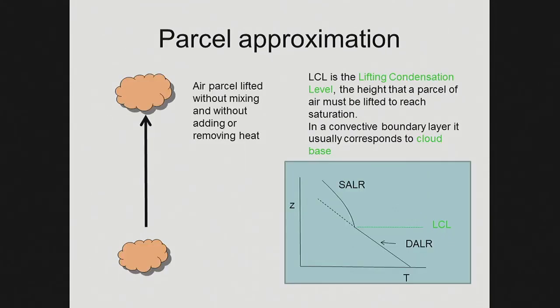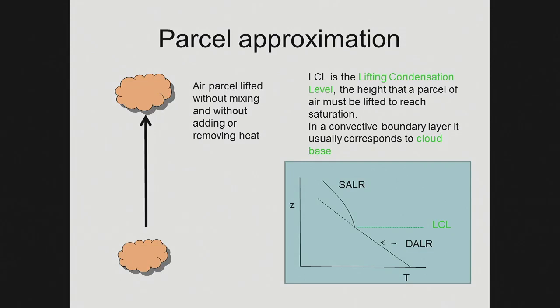But the other use of a tephigram, it would not be easy to write a computer program to do, because we have to take into account the whole profile. And that's looking at this idea of the stability to convection of the profile. Remember, we've looked in a previous lecture at the parcel approximation. So we take a parcel of air and we lift it, and in this hypothetical experiment, we don't allow it to mix and we don't add or remove heat.